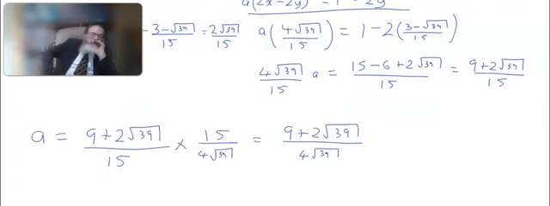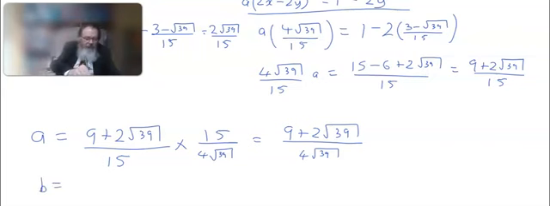And so there I am doing my division. 9 plus 2 root 39 over 15 times 15 over 4 root 39. And a becomes 9 plus 2 root 39 over 4 root 39. And all I have to do now is 1 minus that. And I obtain the value of b.